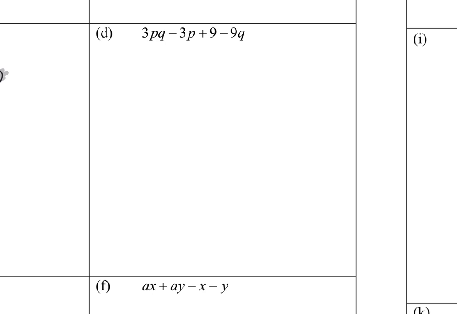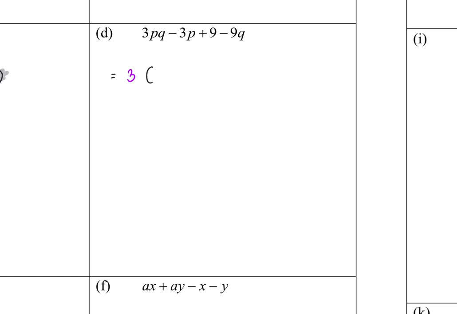Now, let's proceed on this question. The very first thing I saw that is common among all the terms. Yes, there is a common factor among all the terms, and that is the number 3. So that is the very first step that I'm going to take.